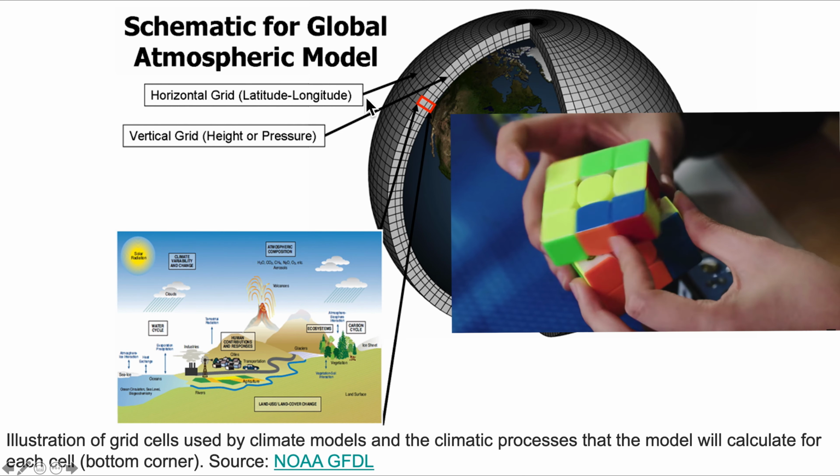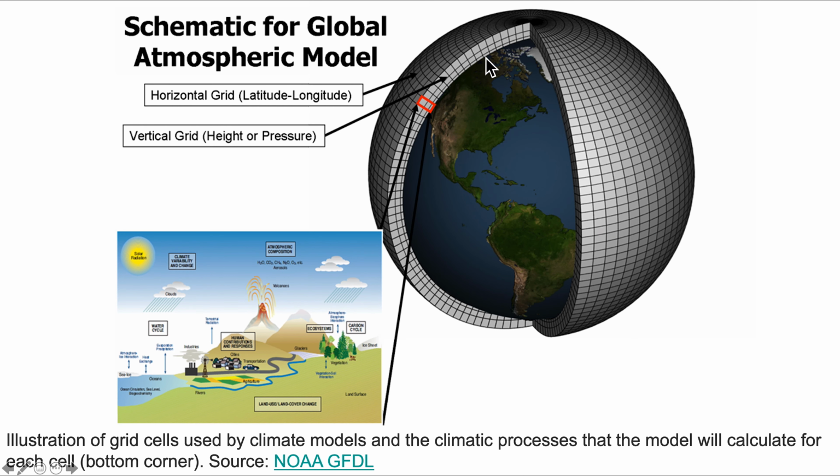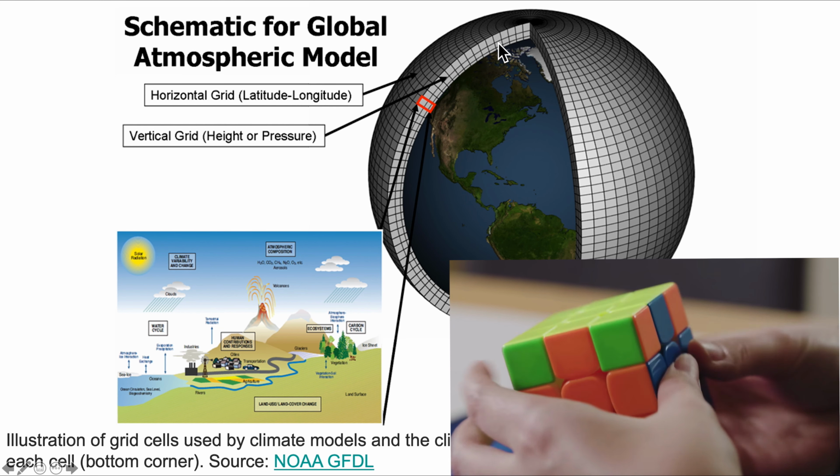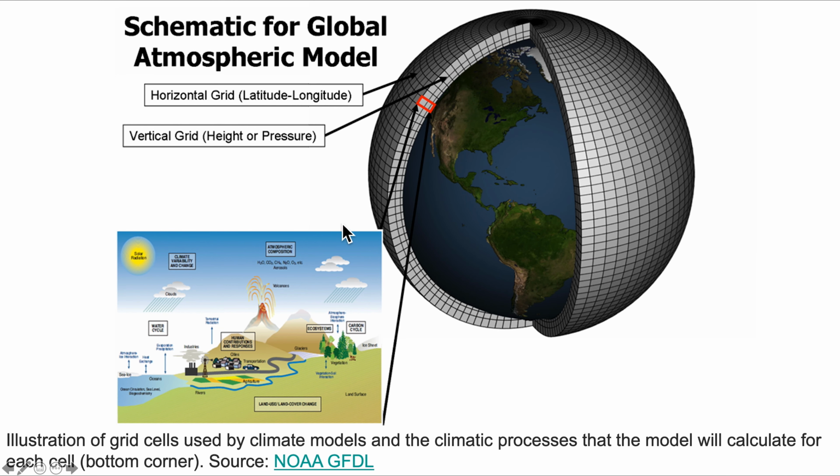Now we can increase this further by adding more boxes, in this case all around the world. So we have vertical boxes that are divided up based on height or pressure, and we have horizontal boxes that are based on latitude and longitude. So by adding more boxes, we increase the complexity. And by increasing the complexity, we increase the amount of supercomputer time that's needed to run these models.